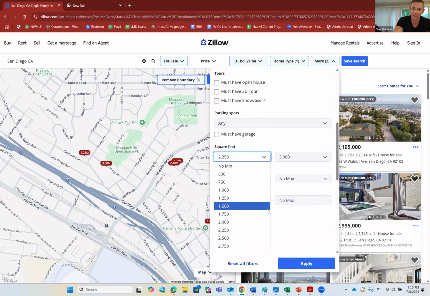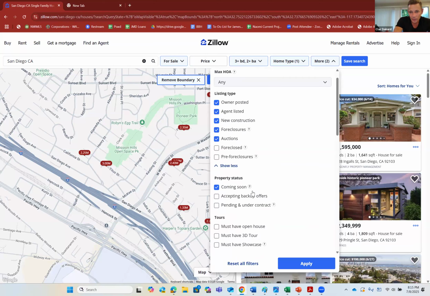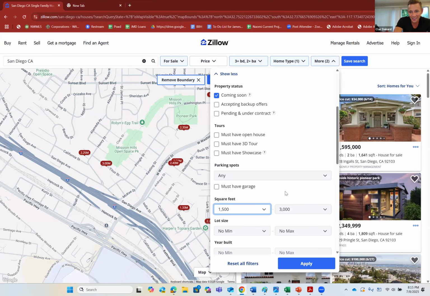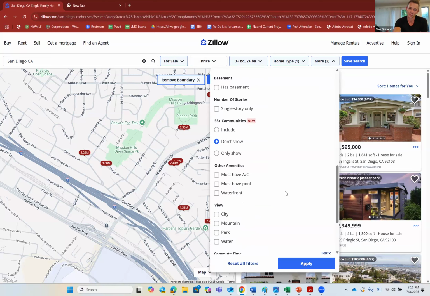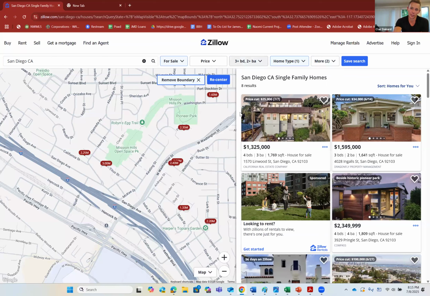I'm gonna bring it down to like 1,700 square feet, even 1,500 square feet. And then I sort this by price again. I used to use my app. Right, so here we go.